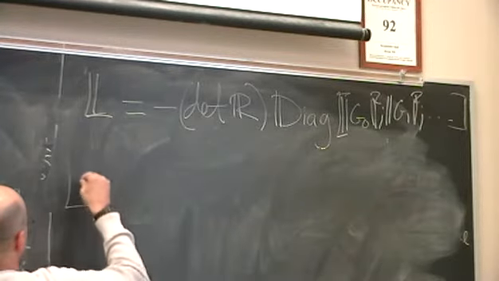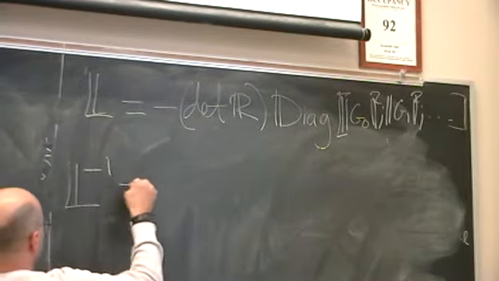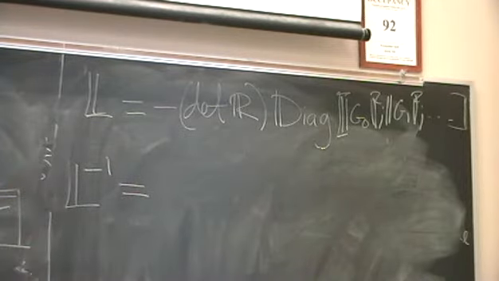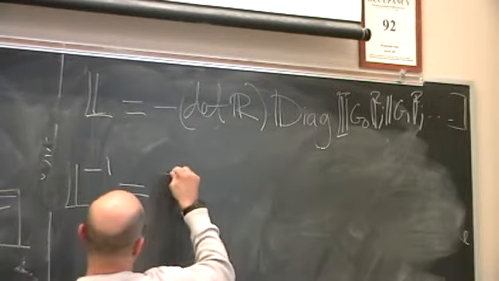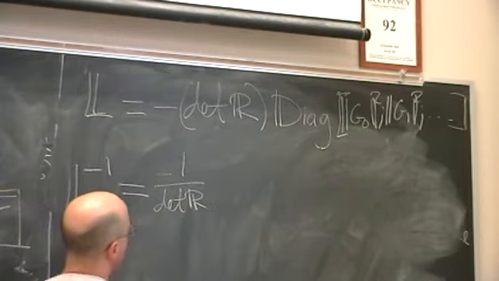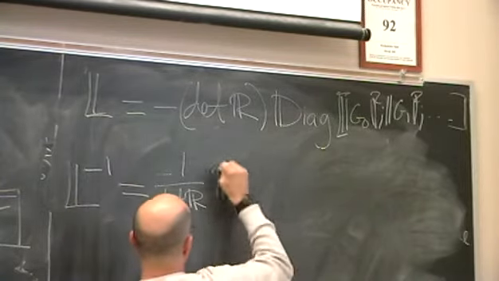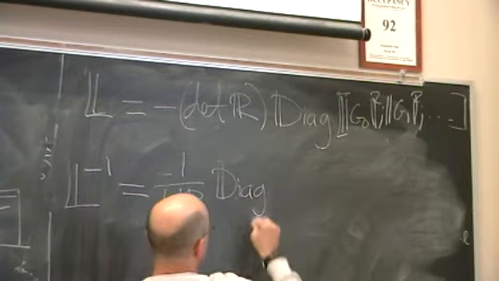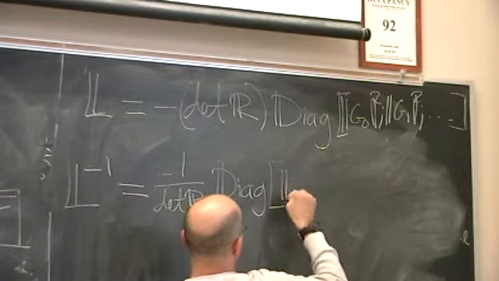Well, it's a diagonal matrix. So the inverse, you just invert the elements along the diagonal. And so we'll get minus 1 over det R, and then diag. We're just inverting the diagonal elements separately.